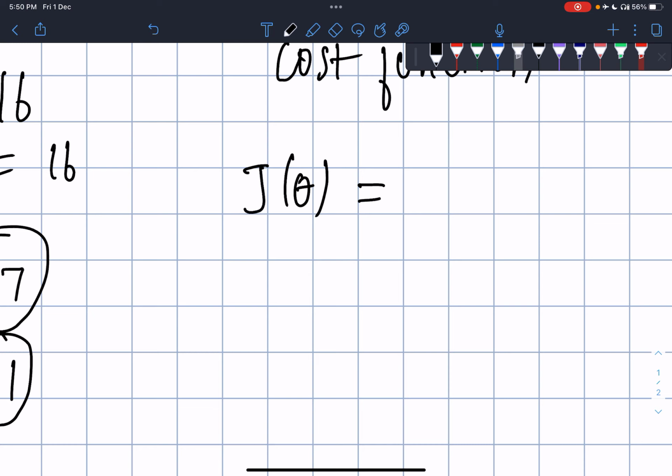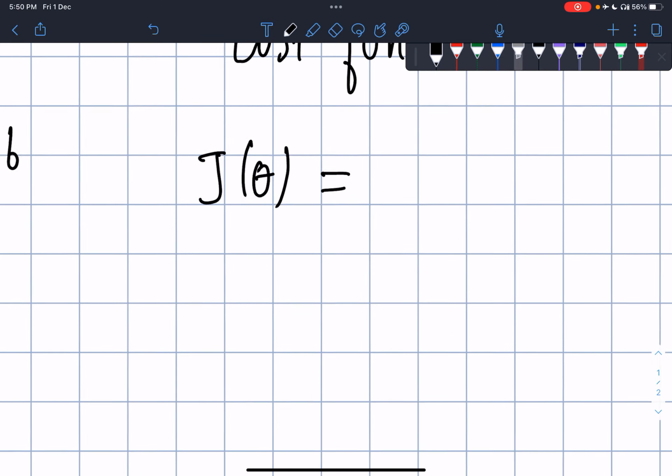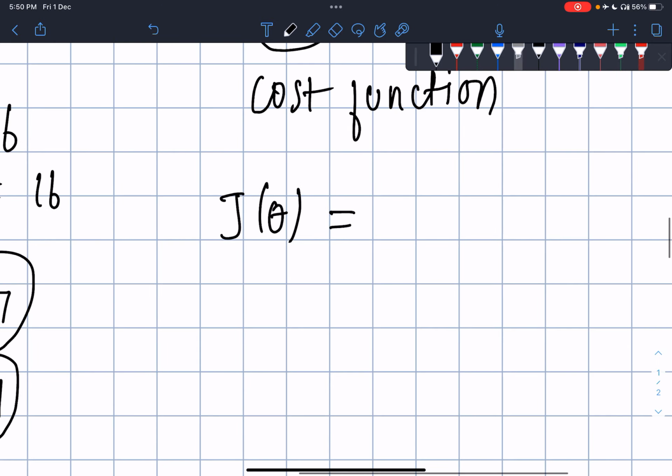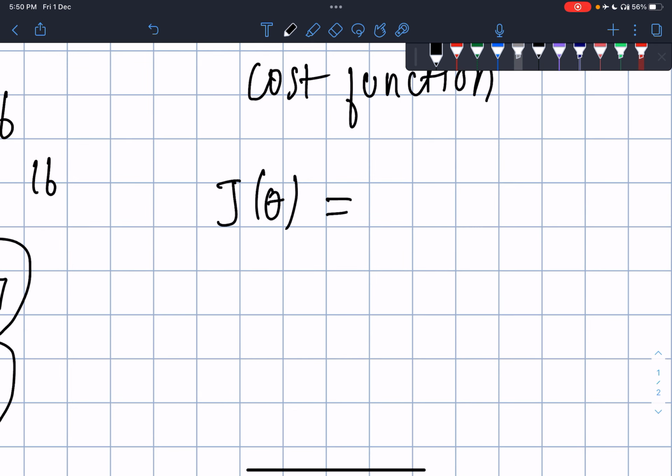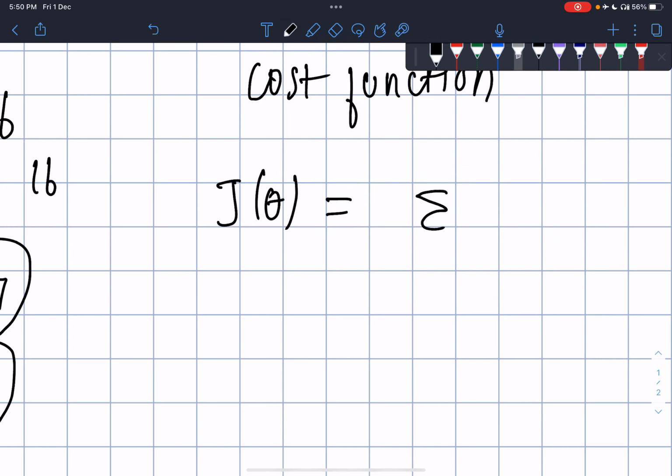Now the cost function only cares about how far our data is. Let's suppose this is the summation, i equals 1 to m.